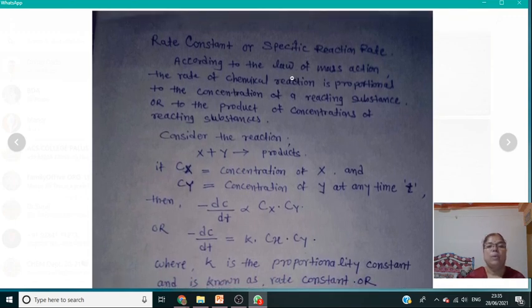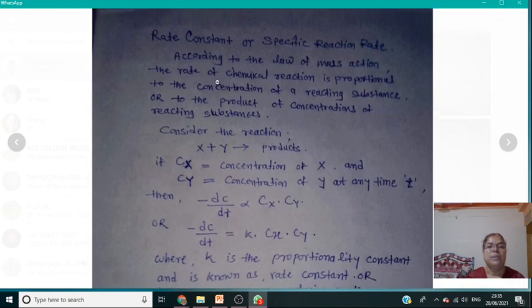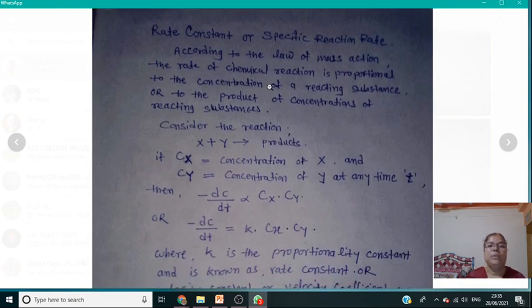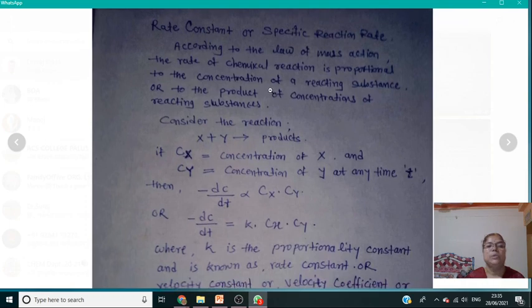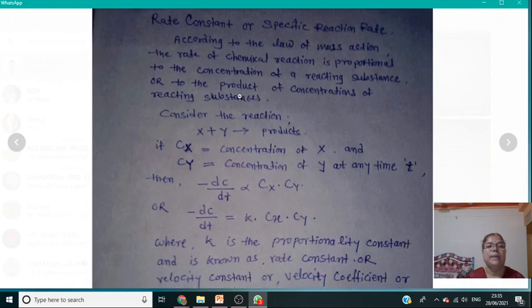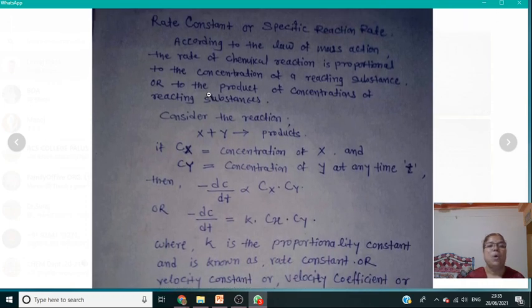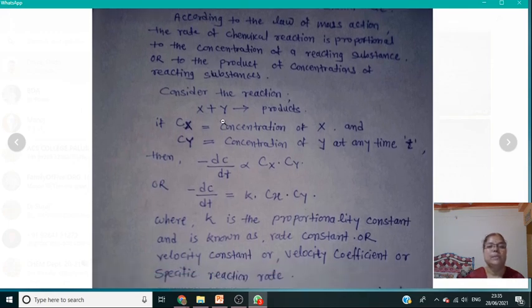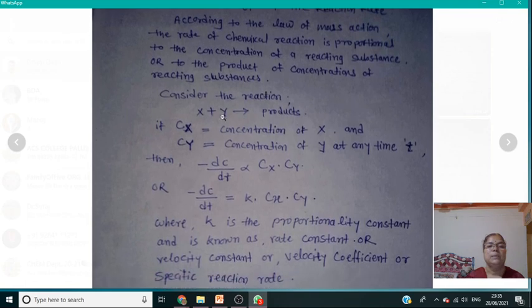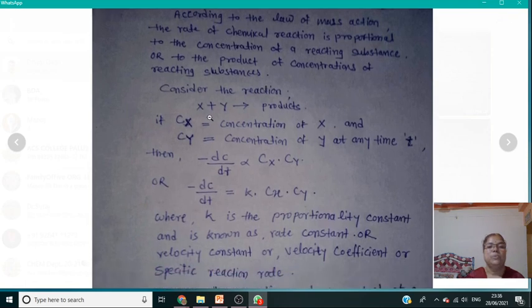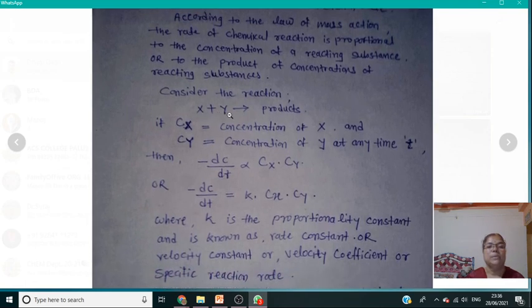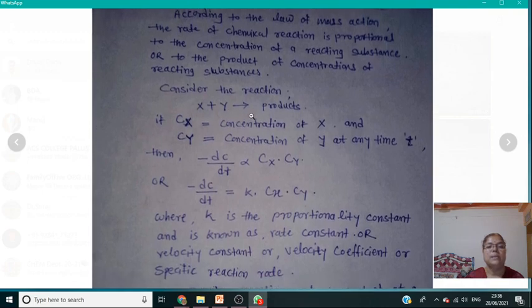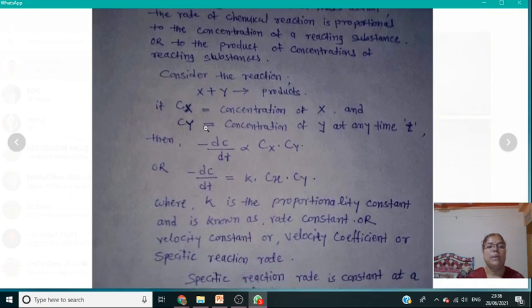You know, according to the law of mass action, the rate of a chemical reaction is proportional to the concentration of the reacting substance, or to the product of concentrations of the reacting substances. Consider the reaction: suppose we have X plus Y as reactants, and they produce product.